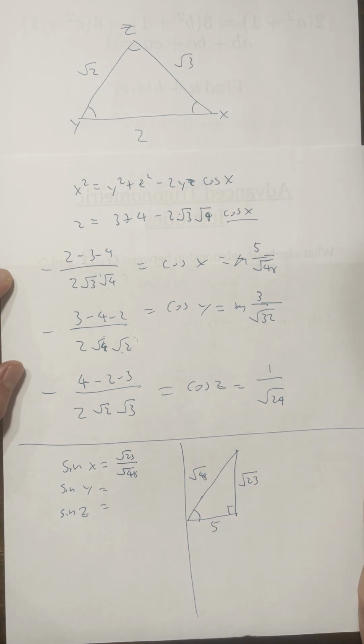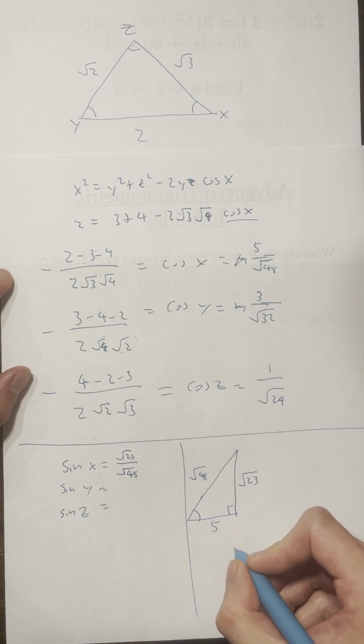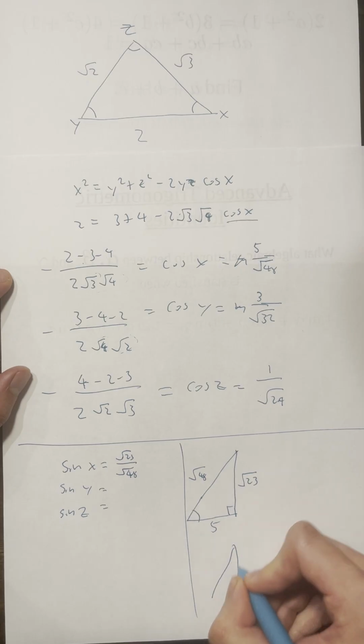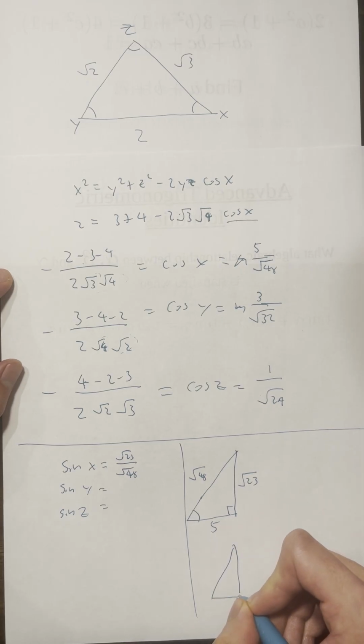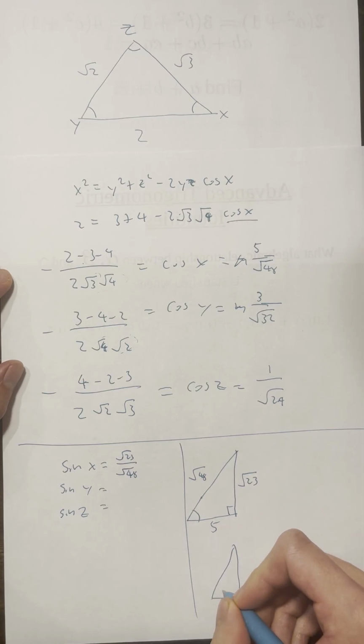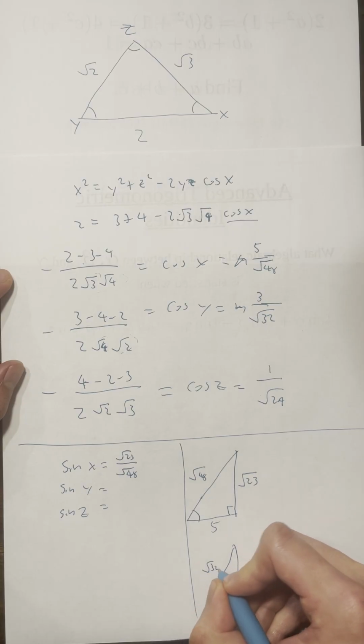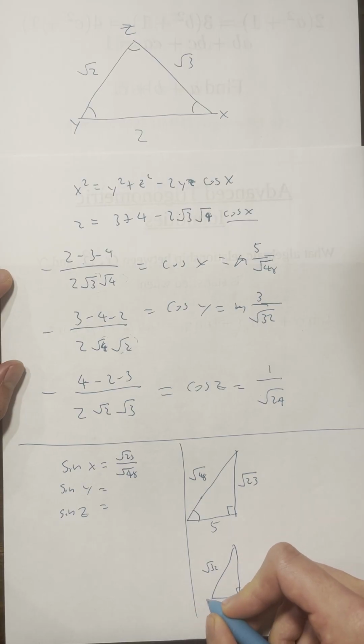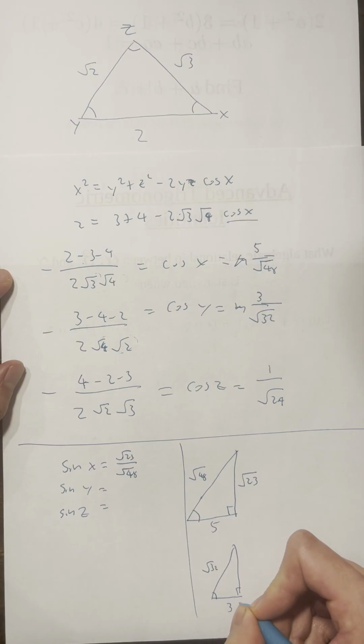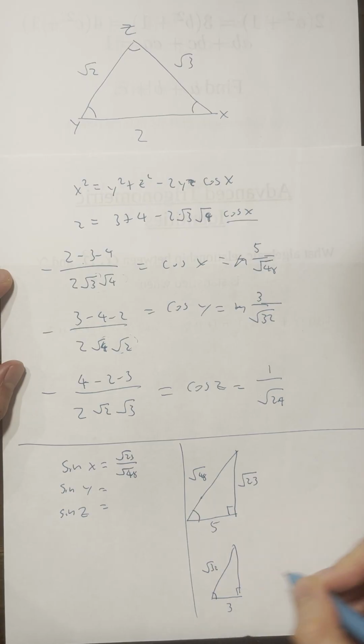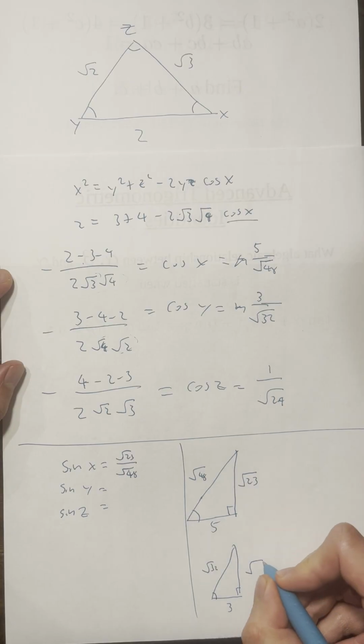How about sine y? What would that triangle look like? Okay, let's see. Root 32 for hypotenuse. And then this would be 3. Okay, so 32 minus 9. 32 minus 9 is 23.